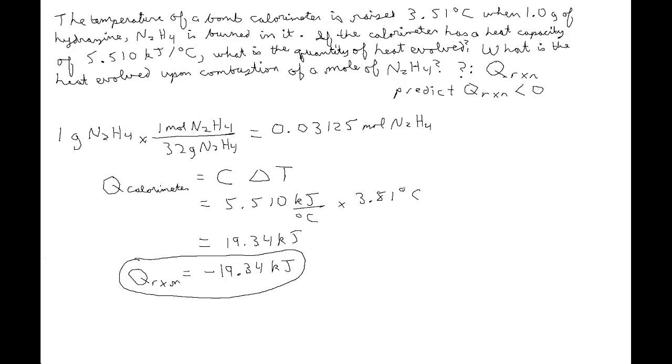Now, one thing we should say is that when you talk about the heat of a reaction, there's at least two common ways to phrase the units for that. So what would be the units for heat of the reaction that you would think of? Heat of the reaction would be kilojoules per mole per degree Celsius.